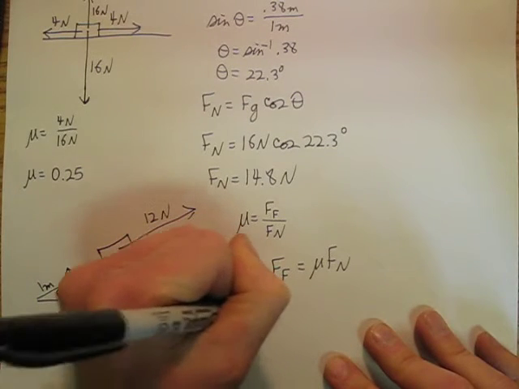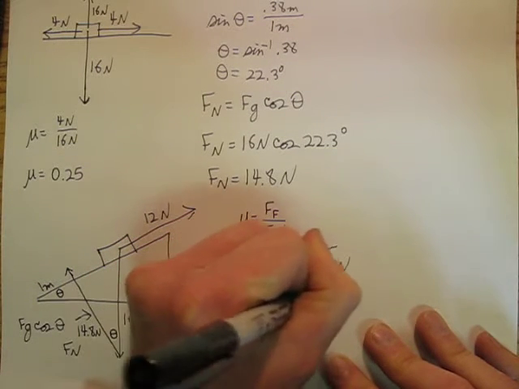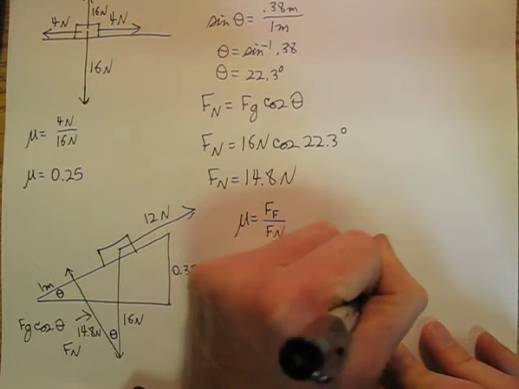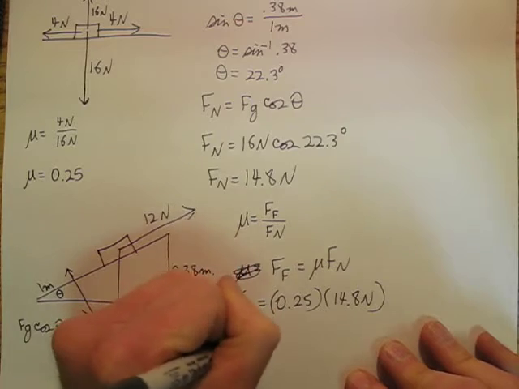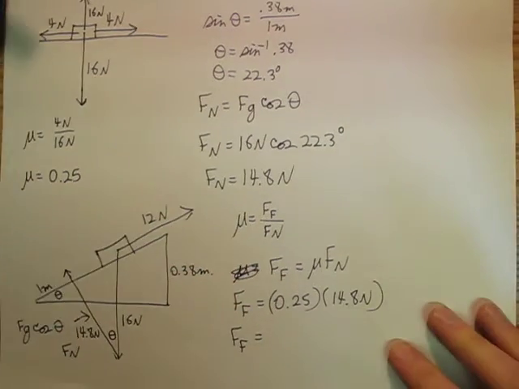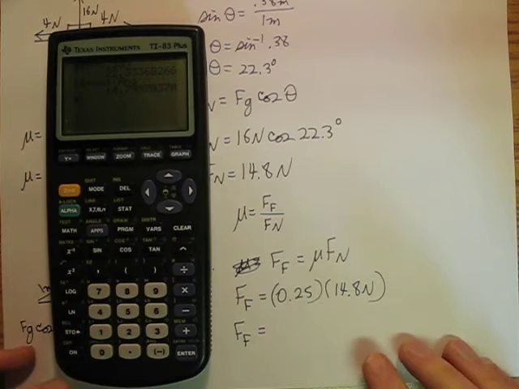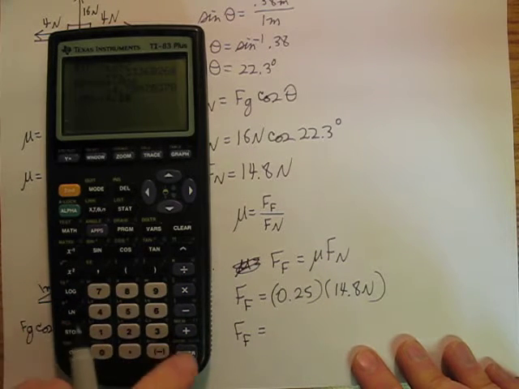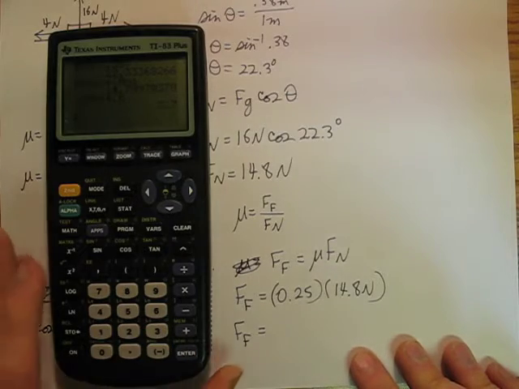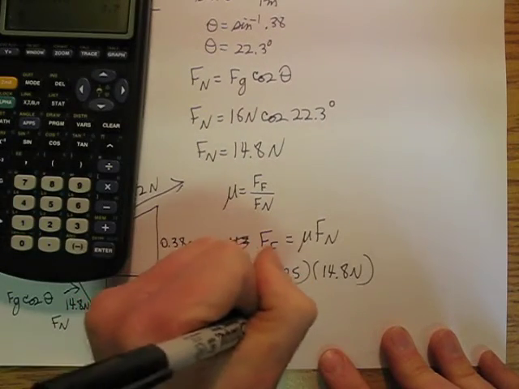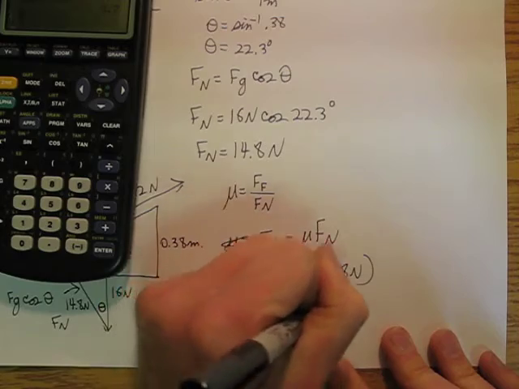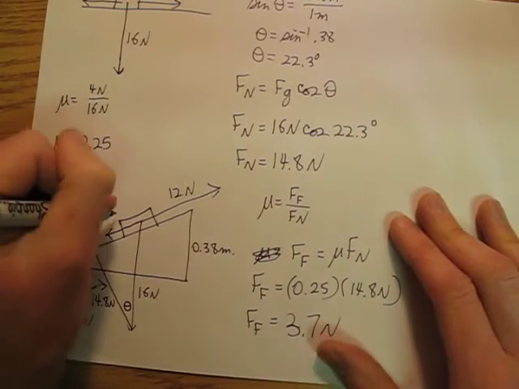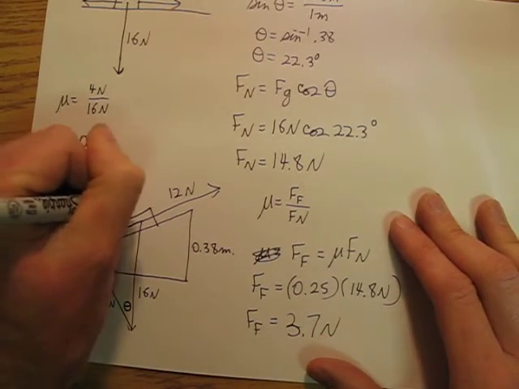So force friction is going to be 0.25 times 14.8 newtons, which is 3.7 newtons. And that's going to go this way, 3.7 newtons.